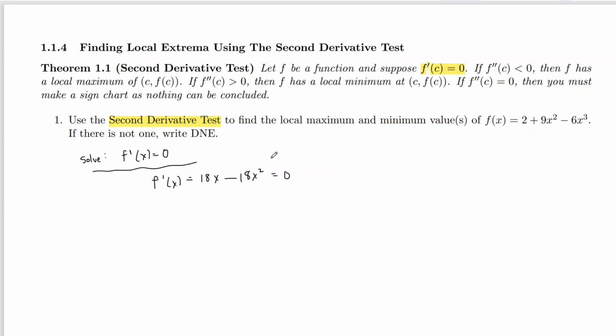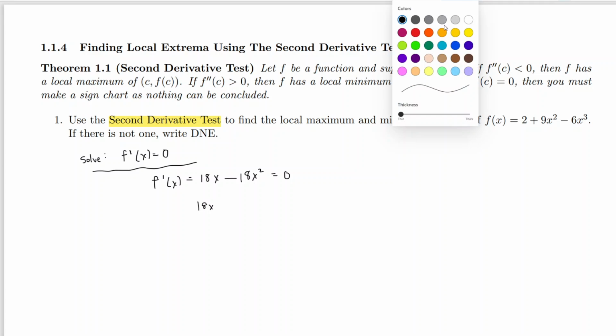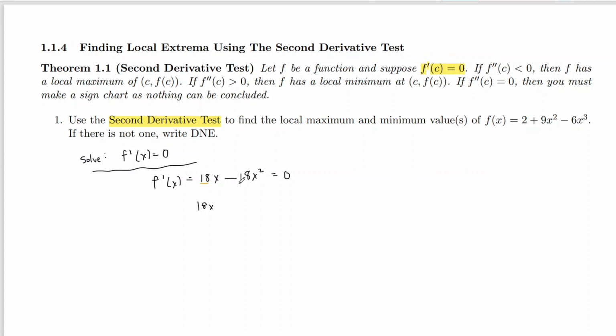All right, so let's solve this. One thing about this is you can factor out an 18x because each part has an 18 in common, and each part has an x as well. So when we factor that 18x out, the front term, everything came out, and we just have a 1 minus, and then the second term, the 18's gone, and 1x remains, so it's just 1 minus x. And now we set each part equal to 0 and solve it.